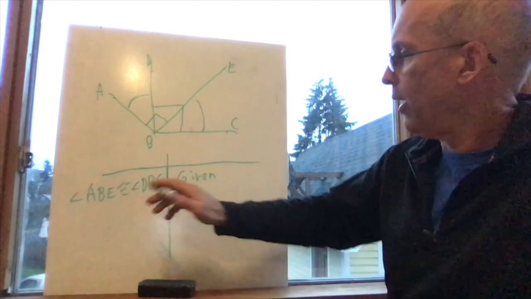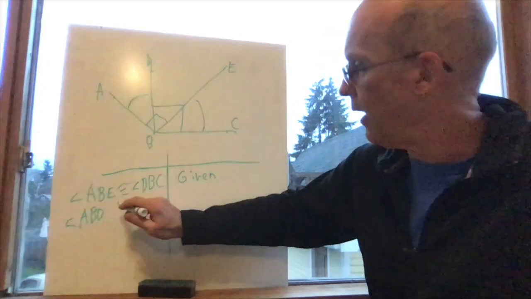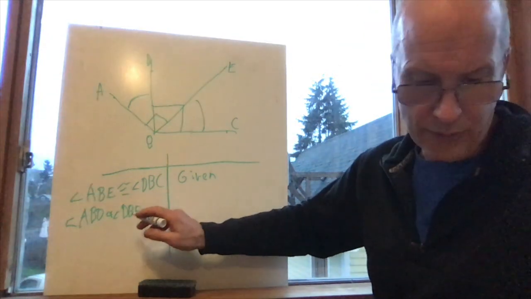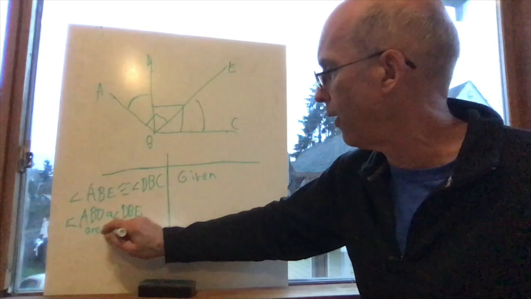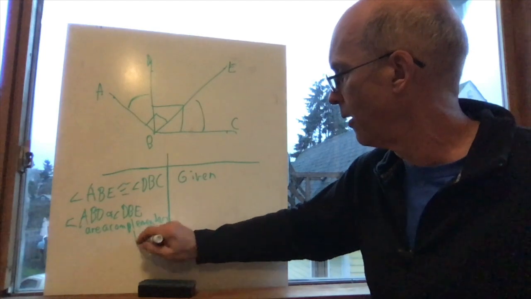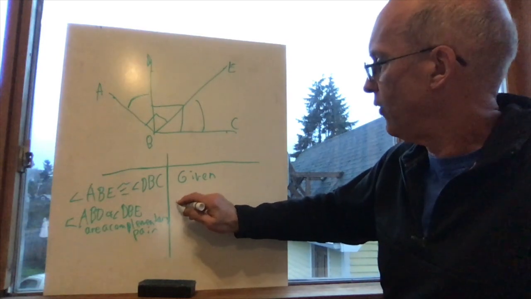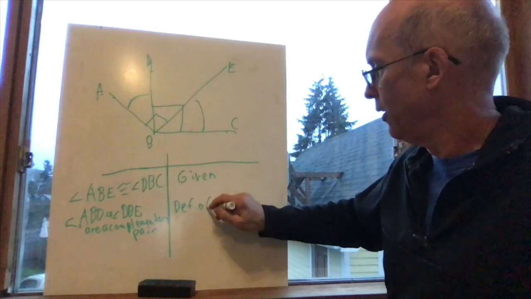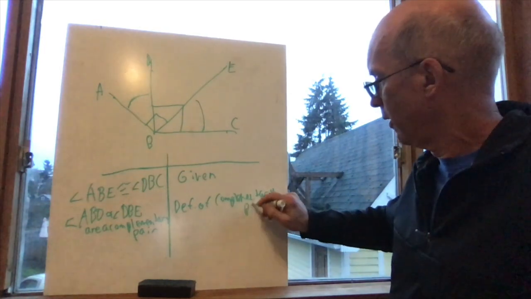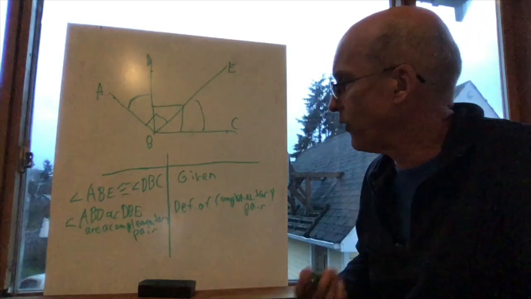Then you're going to say that angle ABD and angle DBE, I can't write all this here, are a complementary pair. I hope you can see that. And the reason for that is that's just the definition of a complementary pair. If two things form a right triangle, that's a complementary pair.